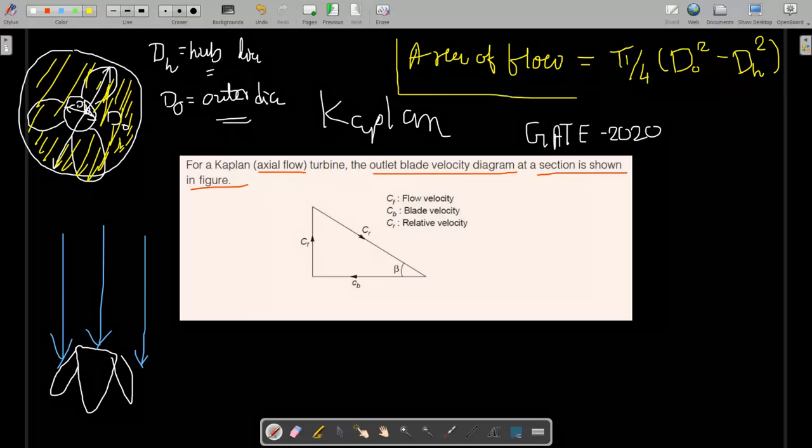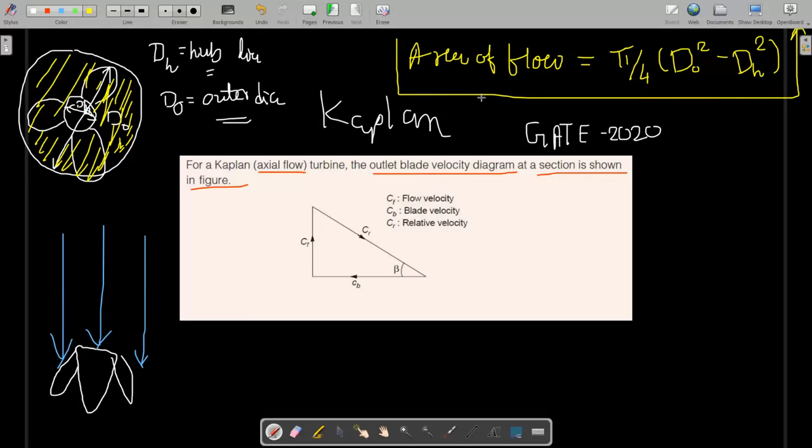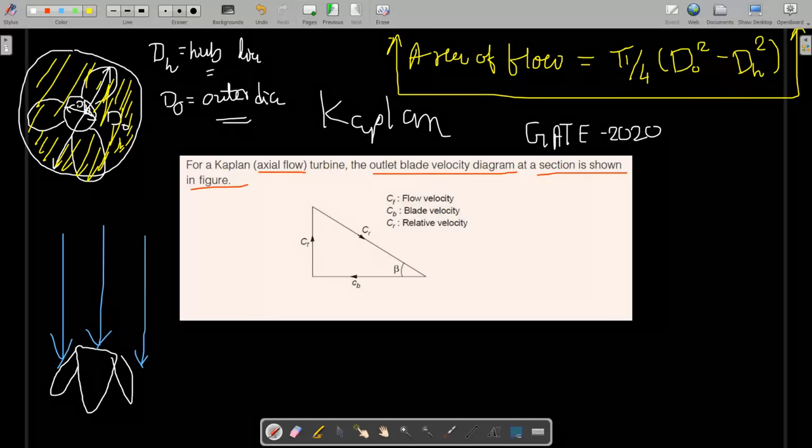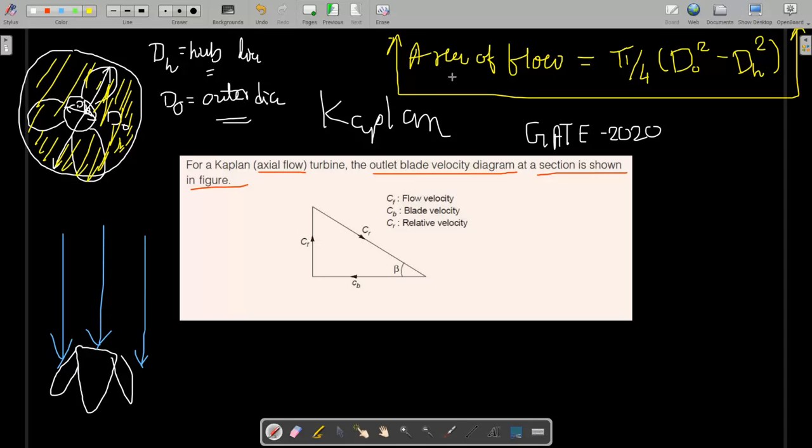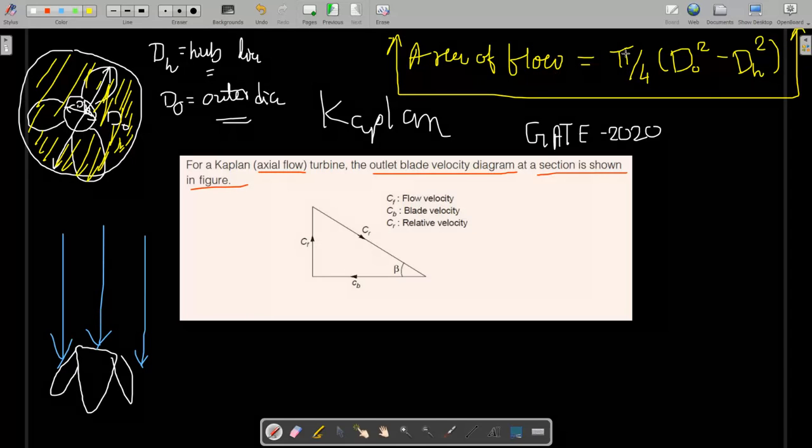This is the area of flow, pi by 4 outer diameter square minus hub diameter square, because from the hub no water flow will take place.